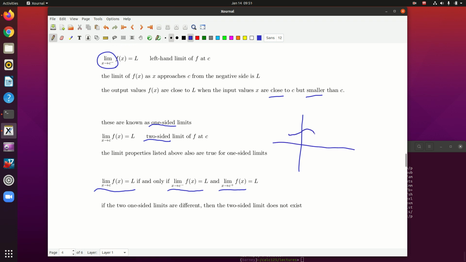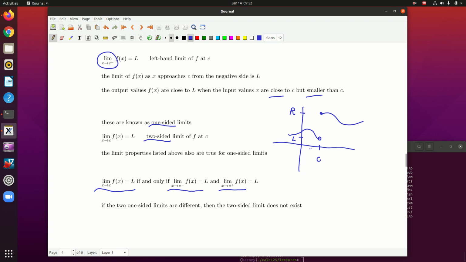If you have a function that does this, and then for some reason there's a break, and then it does this. This would be an example where the function has that for the left-hand limit, and then this for the right-hand limit.